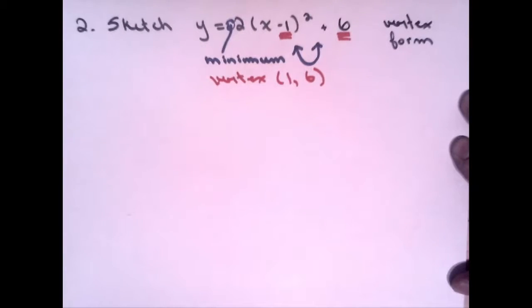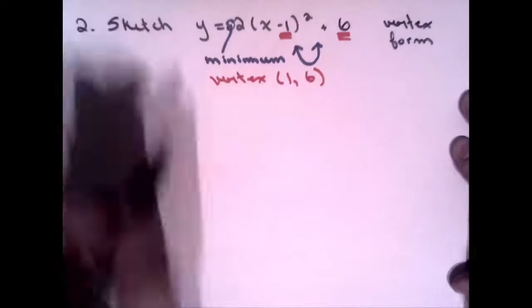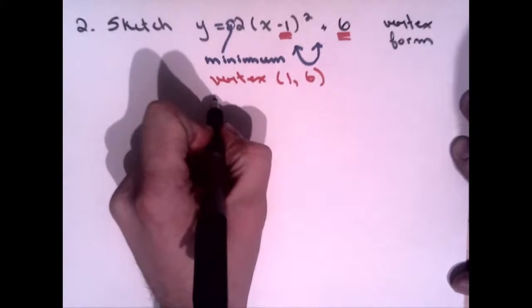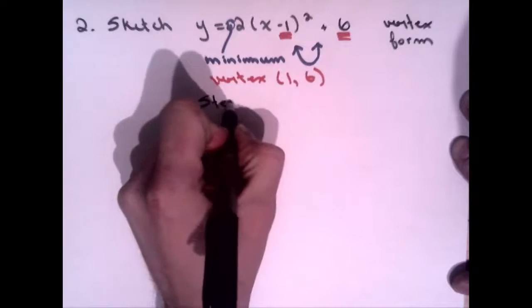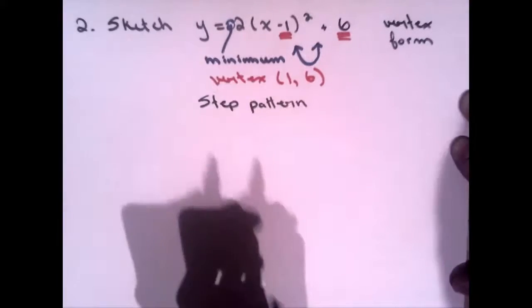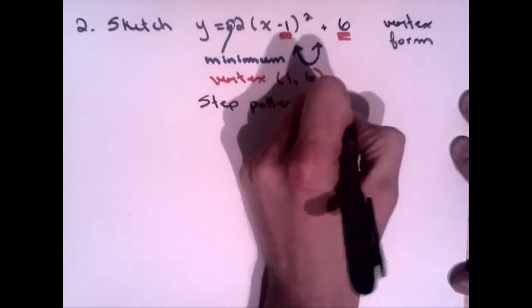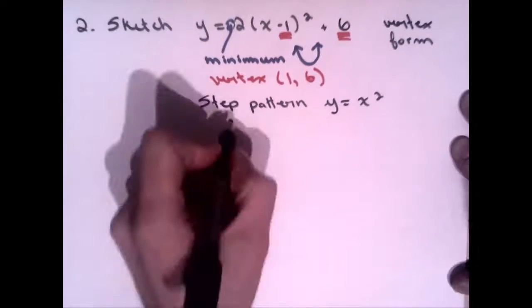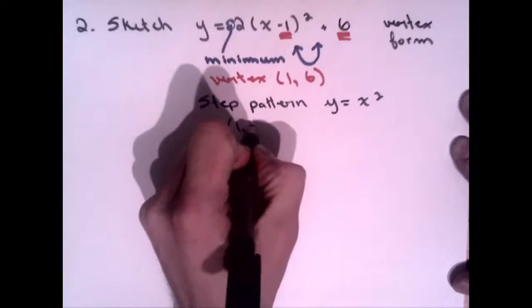Now the basic step pattern for any quadratic of the form y equals x squared. Okay, so that's the most basic quadratic. Its step pattern is 1, 3, 5.